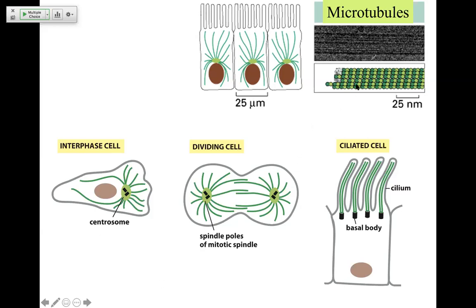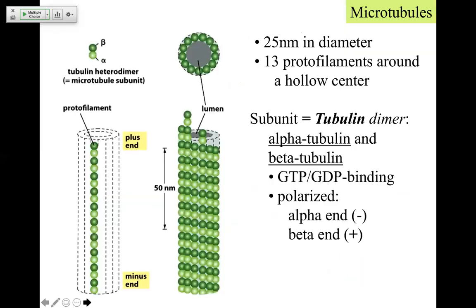So the first thing we're going to look at is, what are these microtubules made up of? Notice we have dark green and light green components, globular proteins, alpha and beta subunits that will assemble to form our 25 nanometer hollow cylinder.